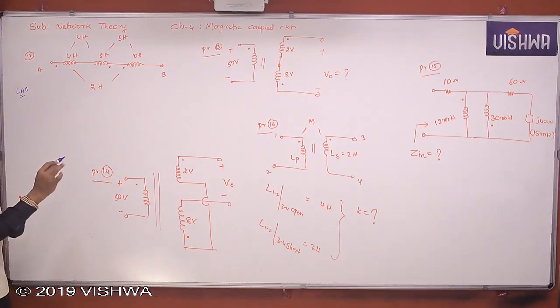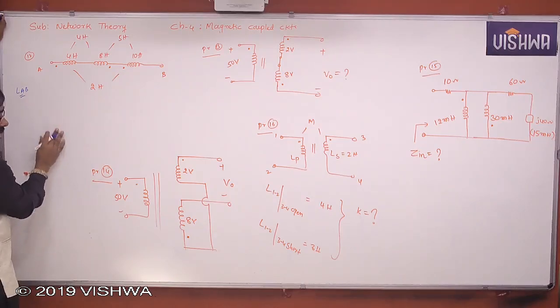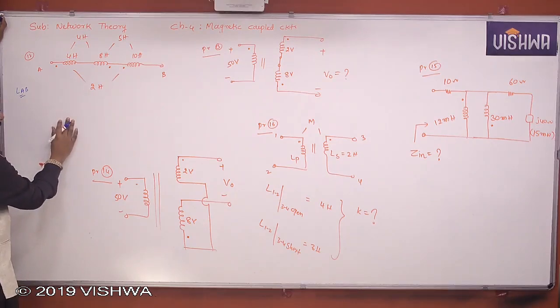So you know that when 2 coils are coupled, additive or subtractive, flux aiding or flux opposing, you have the formula L1 plus L2 plus or minus 2M.